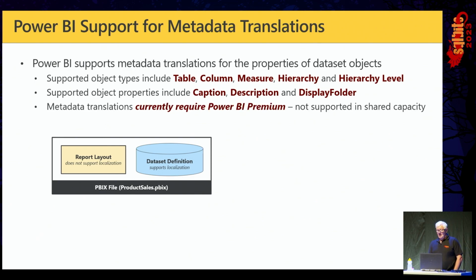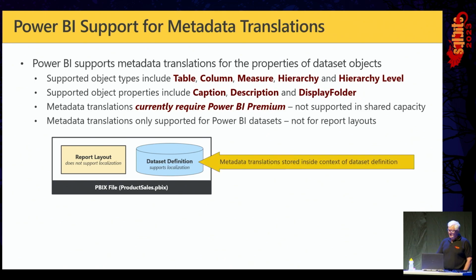Currently, we require Power BI Premium. So if you have just a workspace in the shared capacity, what we call Pro, we don't have the proper plumbing. That was not a trick for Microsoft to get your money. It was just the plumbing layer. And I think what we'll see over the next year is some advances in our plumbing, so that what I'm going to show you here will work across all workspaces, not just today where we have only support in premium.